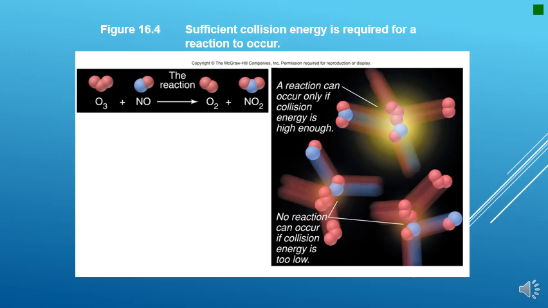When we talk about this energy concept here, I'm going to go back and discuss a Maxwell-Boltzmann distribution curve that we talked about back in our gas laws unit. So I'm going to have the number of particles over here.